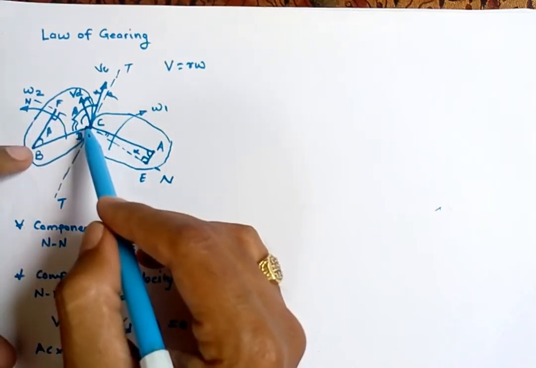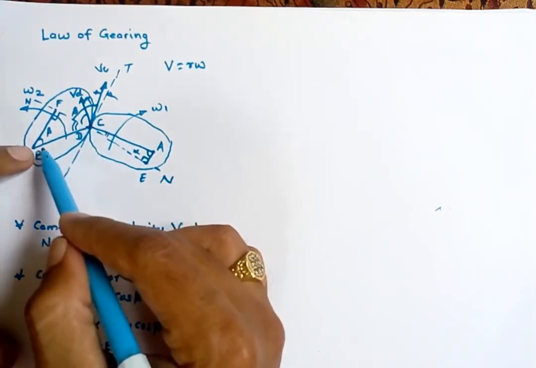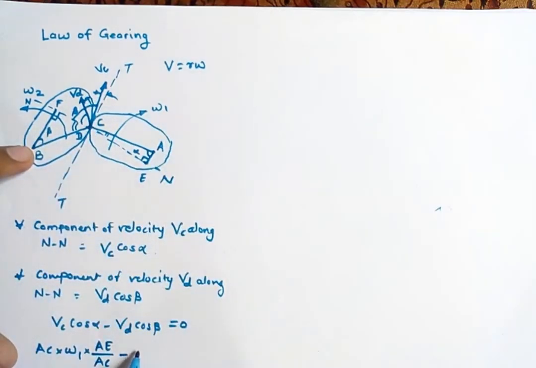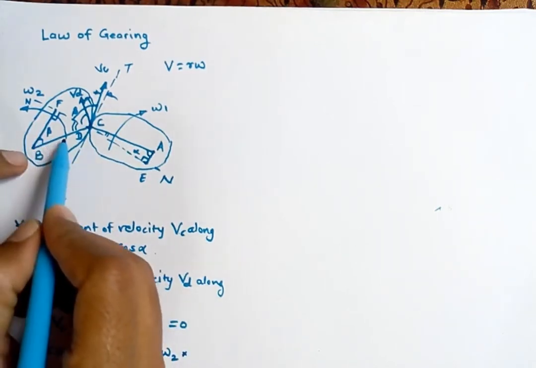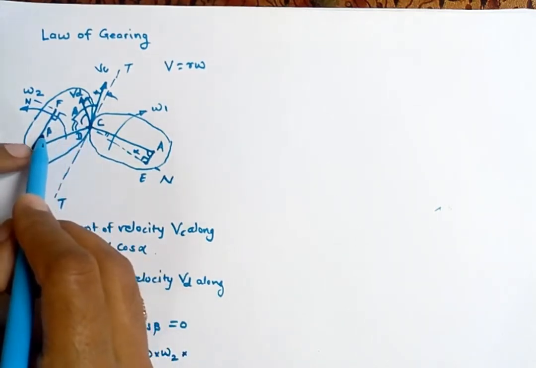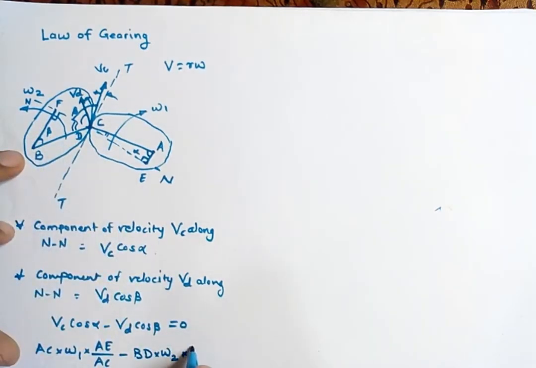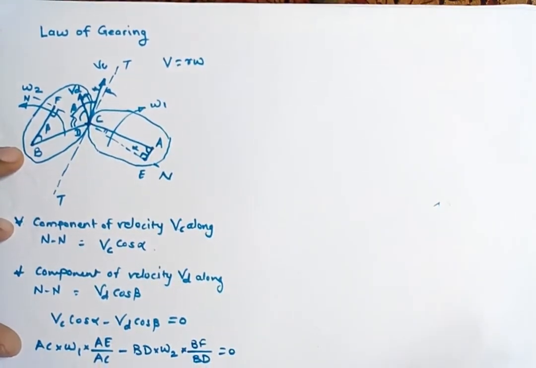Vd is the product of r into omega, that is BD into omega 2, into cos beta from triangle BFD. Cos beta is BF upon BD, must be equal to 0.